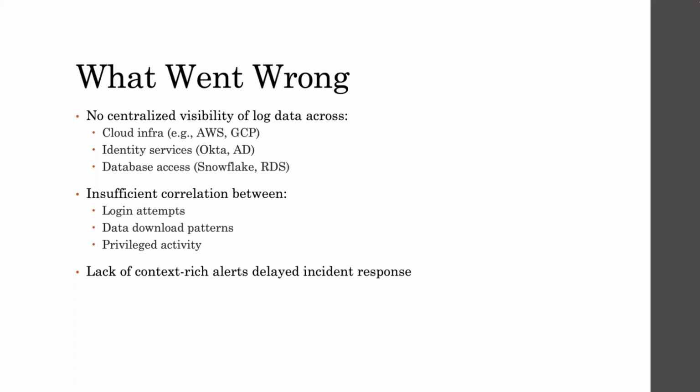And in many cases they use identity services like Okta, AD, or JumpCloud and others. So we need some insight into whether an account is being abused and how it is being used, and also database access like RDS, Snowflake, and others.